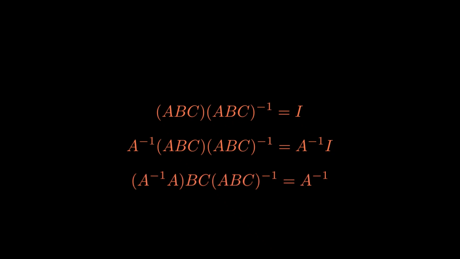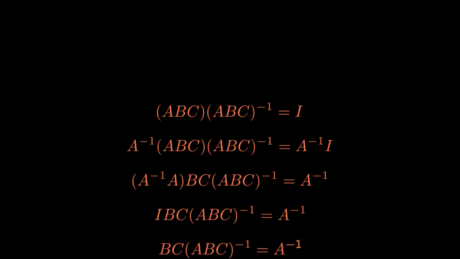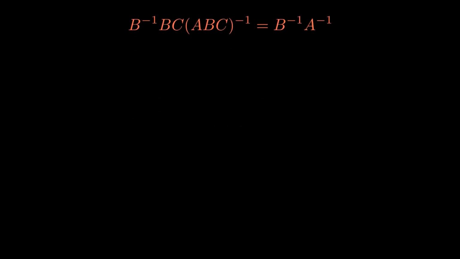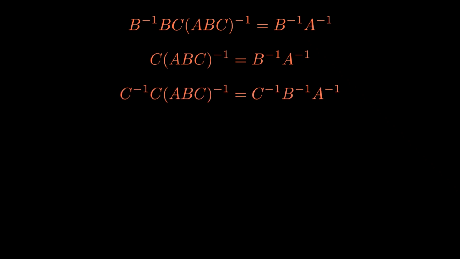This is done by multiplying the formula seen on the screen gradually by the inverse of A, the inverse of B, and then the inverse of C. And as you may realize, we just are using the associative property, which we covered in an earlier video, to derive this formula.